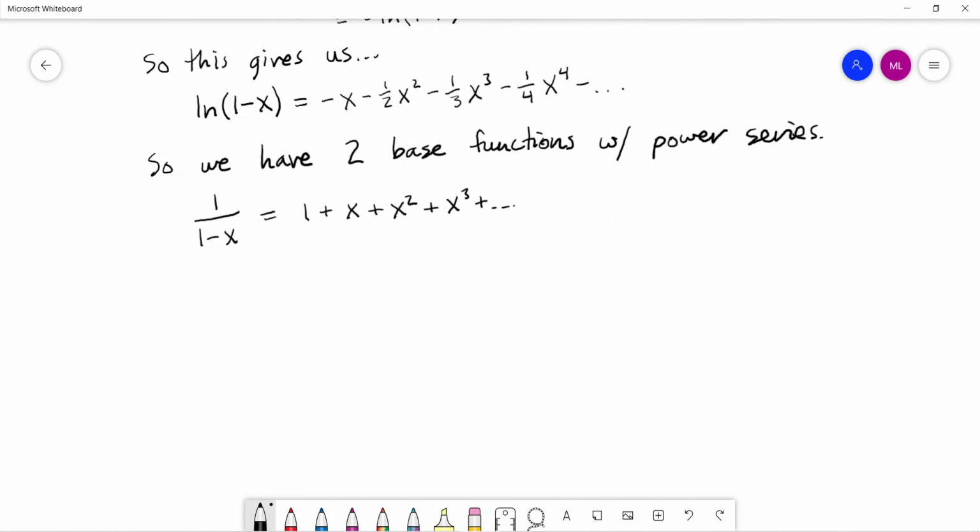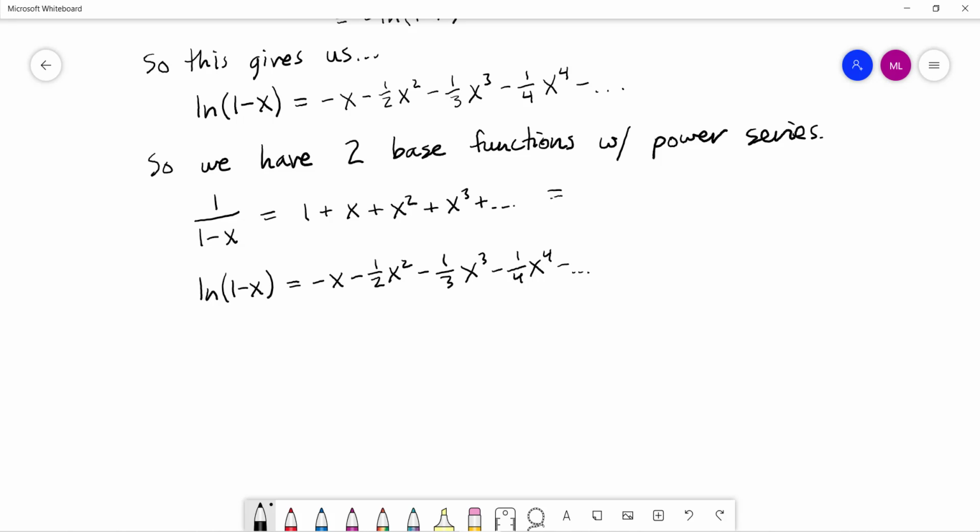And now we have a new one. Natural log of 1 minus x is equal to negative x minus 1/2 x squared minus 1/3 x cubed minus 1/4 x to the 4th, and so on.